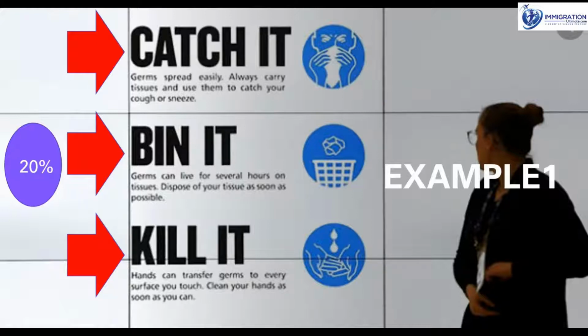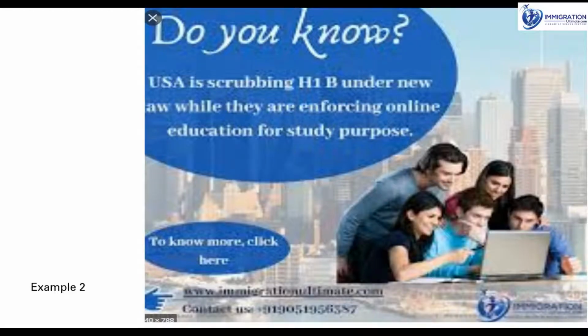As you can see, there are a lot of images and a lot of writing underneath the headlines, but nobody has the time to read all that. So just for an eye, catch it, bin it, kill it. This is the 20% that gives 80% of the value. Second, this is an advertisement for immigration.